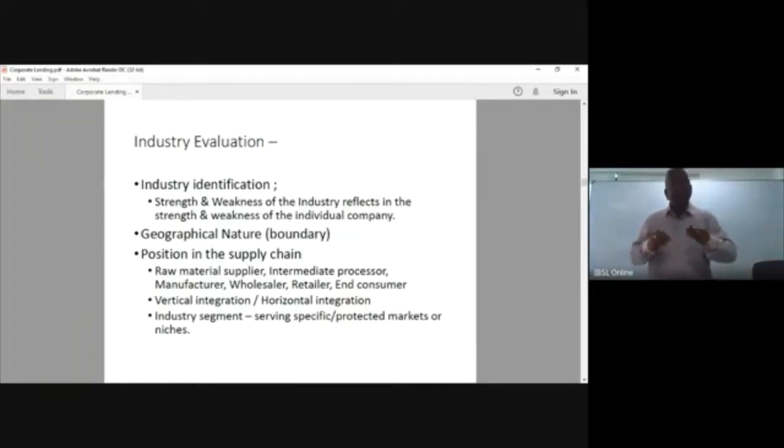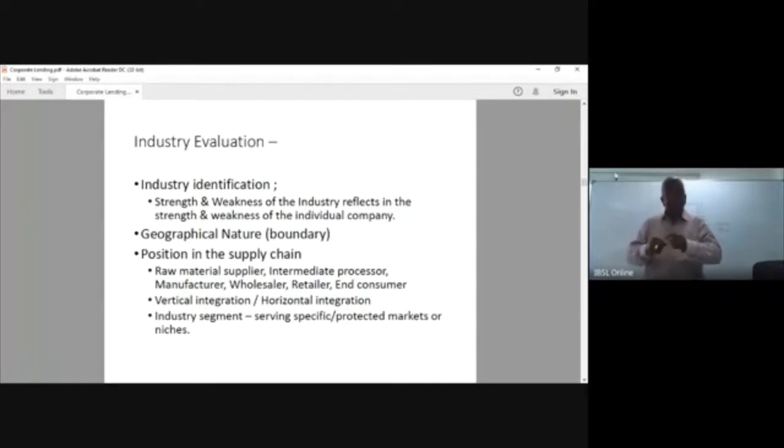Especially in the industry evaluation, you have to see how competitive the industry is. Why? If the competition is very stiff, all the companies operating within the industry fight for their market shares.